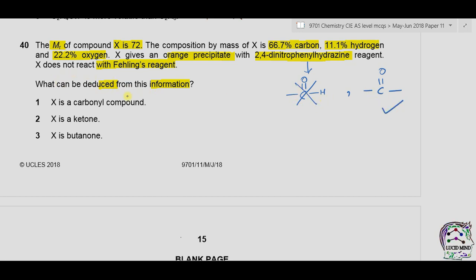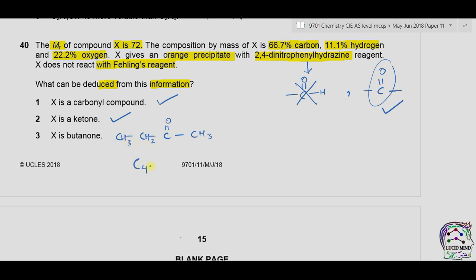What can be deduced from this information? Number 1, X is a carbonyl compound. As we can see that the carbonyl group is present in ketone, therefore 1 is correct. 2, X is a ketone. Again this is also correct. 3, X is butanone. In butanone we have 4 carbon atoms and 1 carbonyl is present.